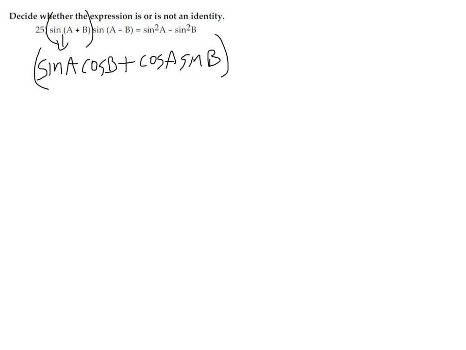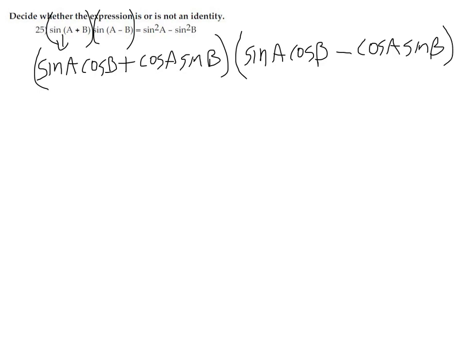It's multiplied by the next one. So this is all multiplied, and the next one would be sine A cosine B minus cosine A sine B.